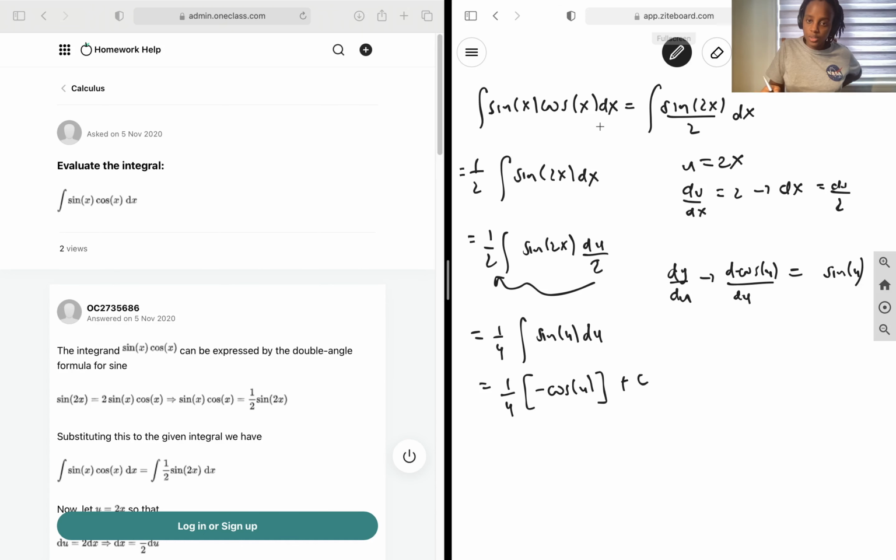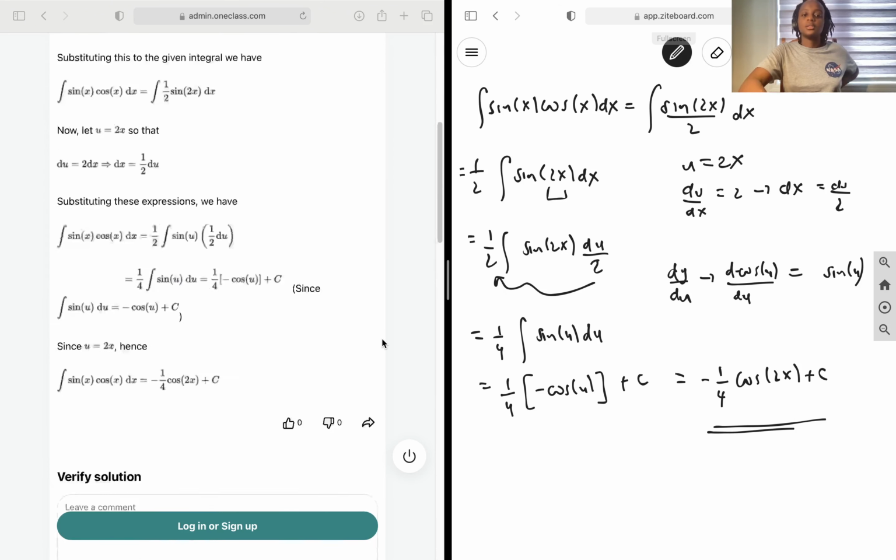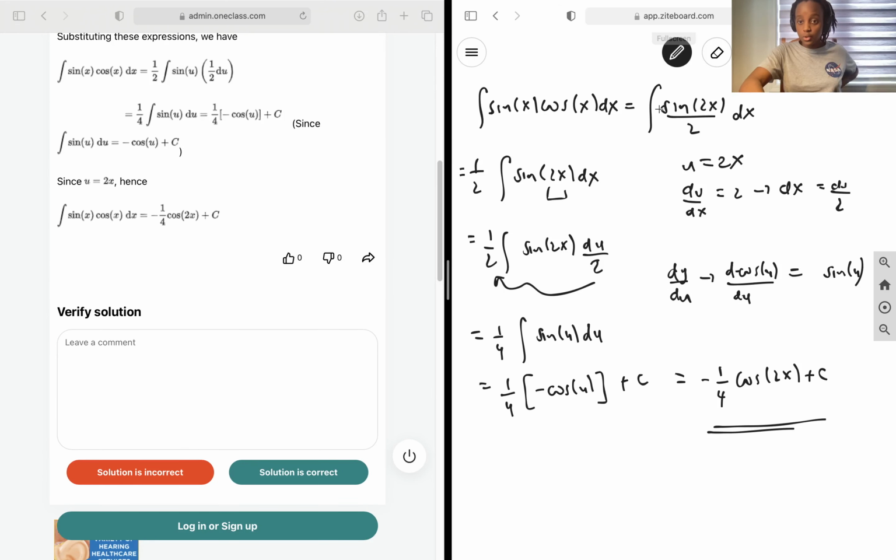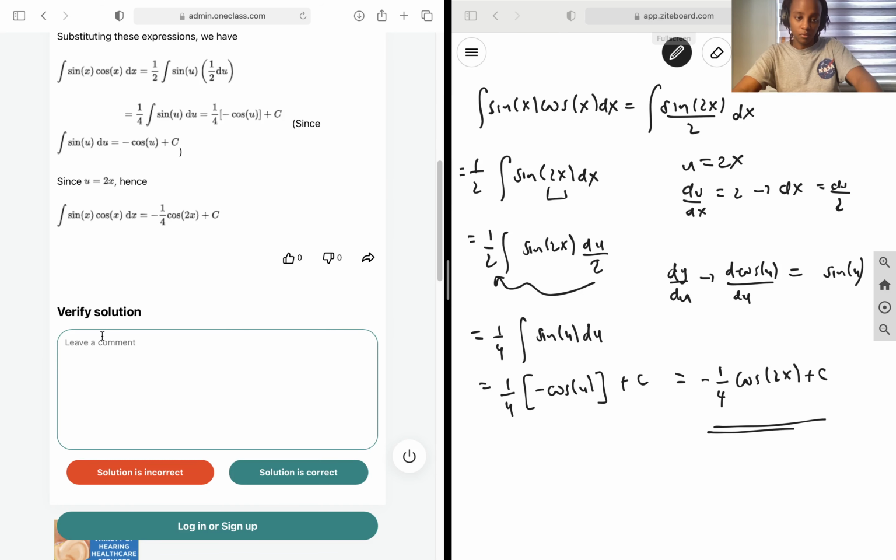Let's plug back in what u is actually in x values, and that's going to become negative 1 over 4 cos 2x plus c. And this is our final answer. Don't forget about the plus c, because we don't have bounds here, so it's super important to include it because we have a whole family of constants that we could have deleted when we took the derivative.